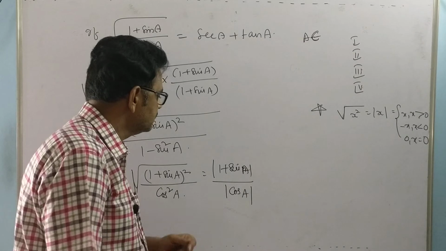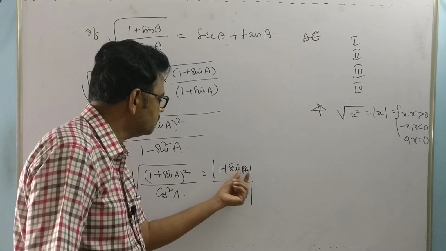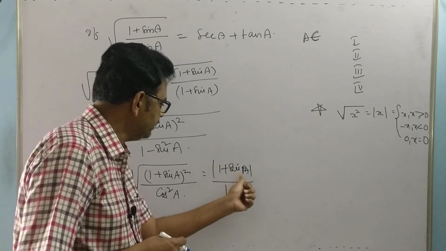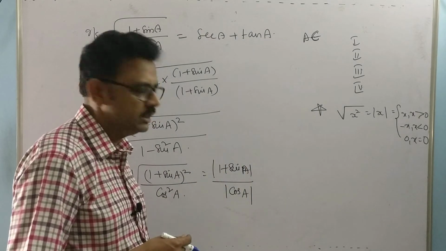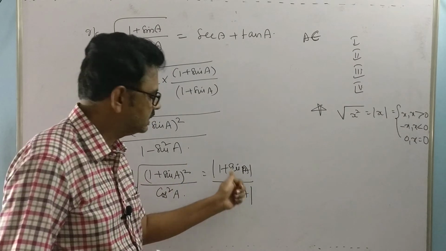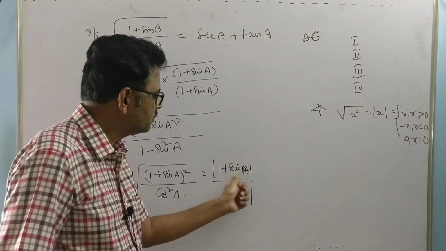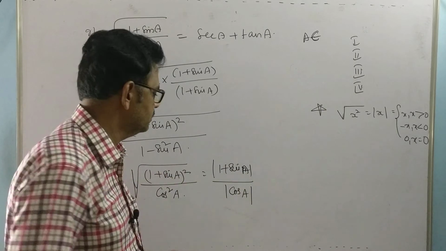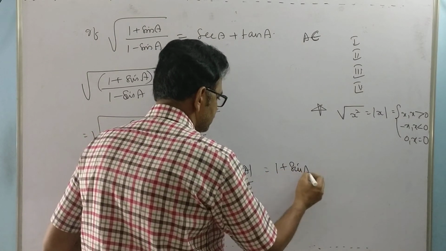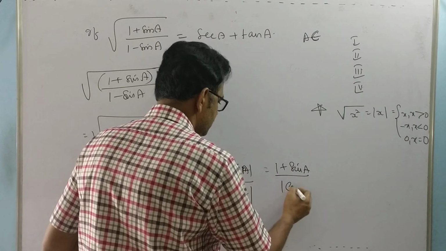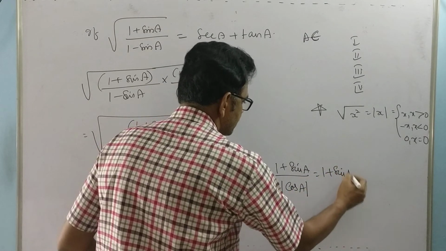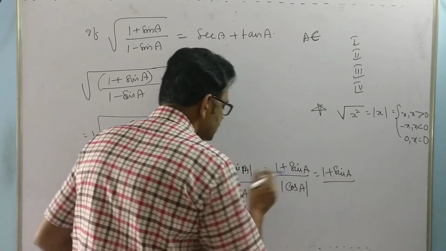Why? Because we can't get sine A equal to minus 2, that is not possible. If it were, 1 minus 2 would give a negative value. But the range of the sine function is minus 1 to 1, so this is always positive. So no need to put mod. That is equal to 1 plus sine A by mod cos A.